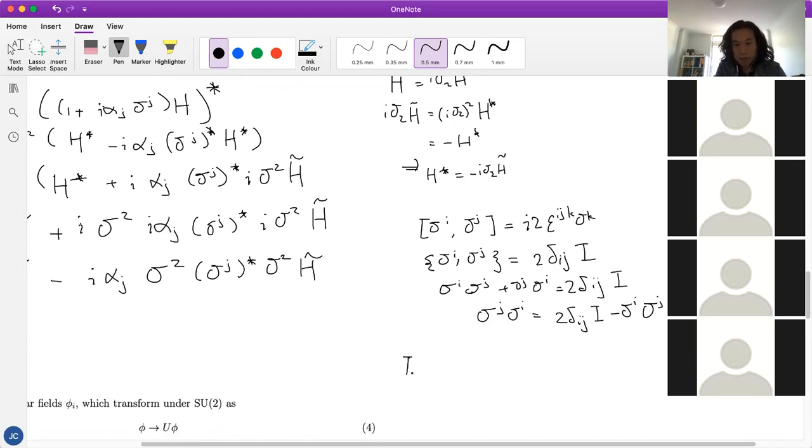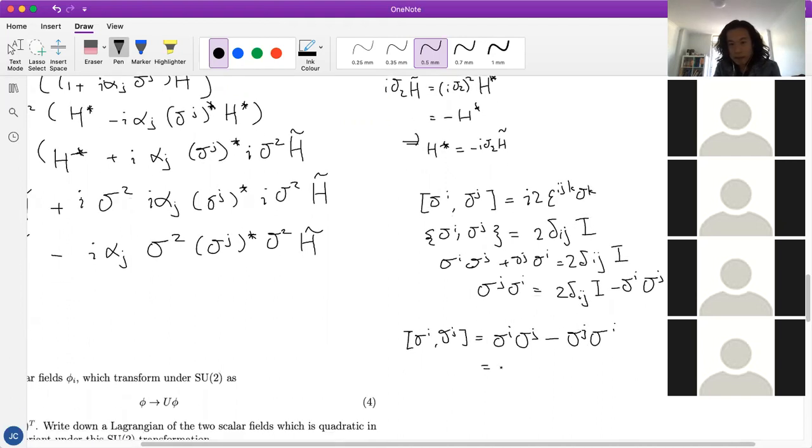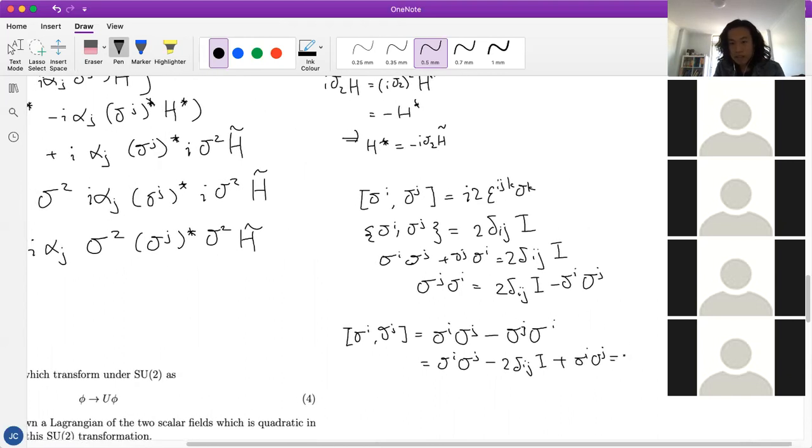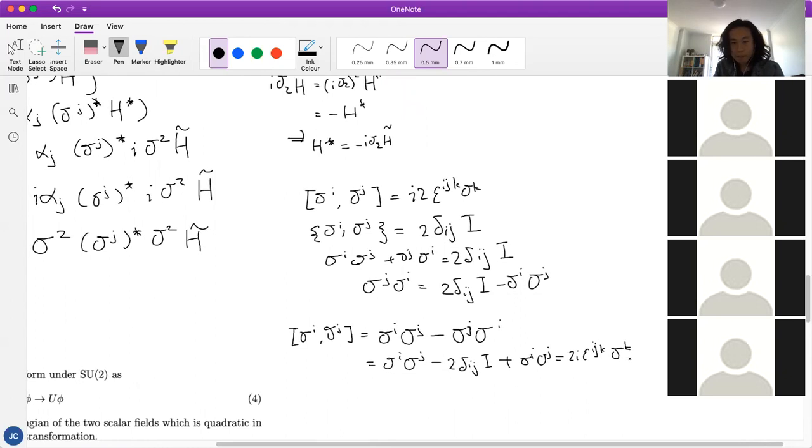So the commutator will be sigma i, sigma j minus sigma j, sigma i. I'm going to plug this into the second term, so I get minus 2 delta ij I plus sigma i, sigma j, and this whole thing equals 2i epsilon ijk sigma k.